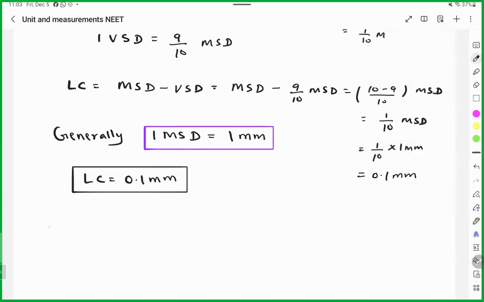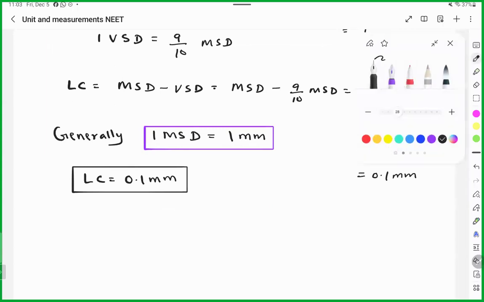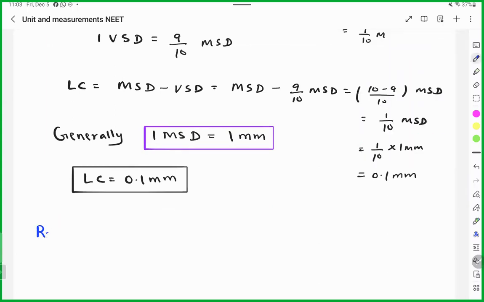And what is the total reading? How to calculate the reading in the Vernier caliper? What is the main scale reading? Main scale reading plus Vernier scale reading. That's all. Done.